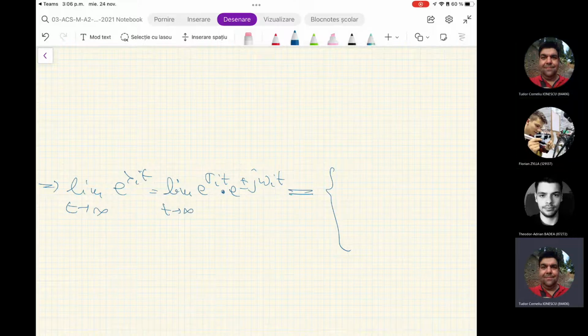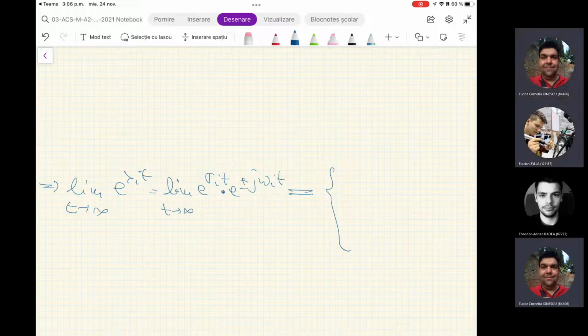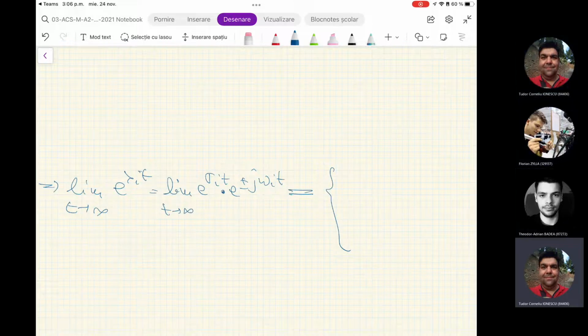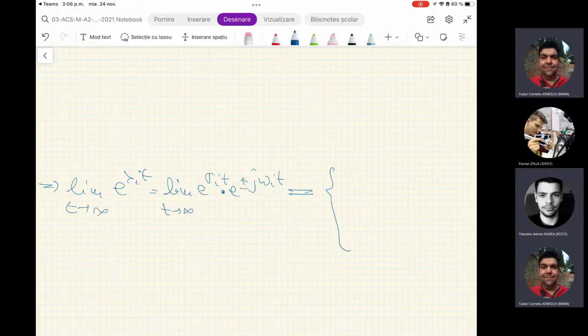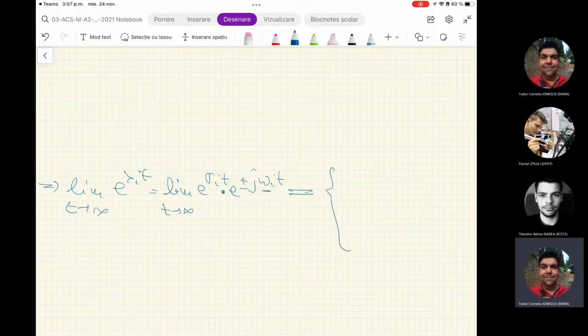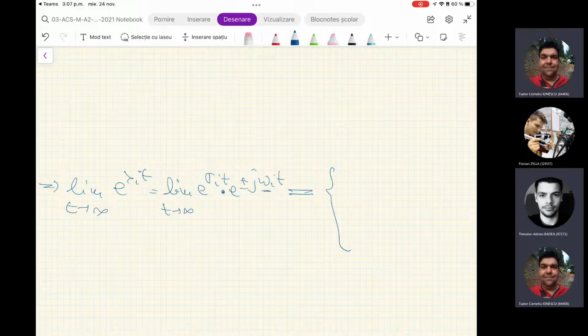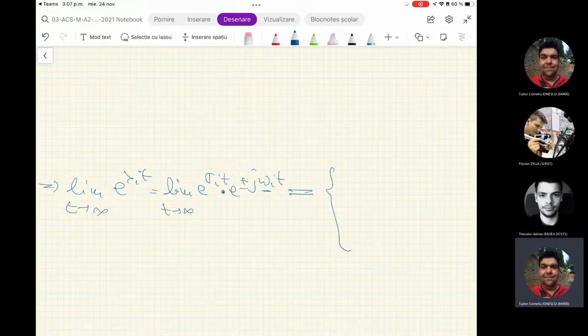How much is it? Depends. Yes, it depends on the sigma. Why not on omega? I think because it will fade out.